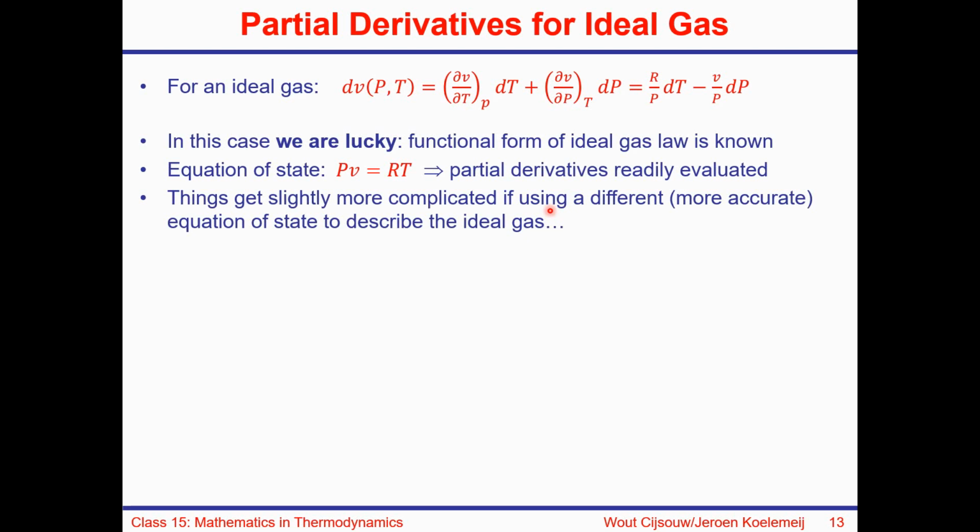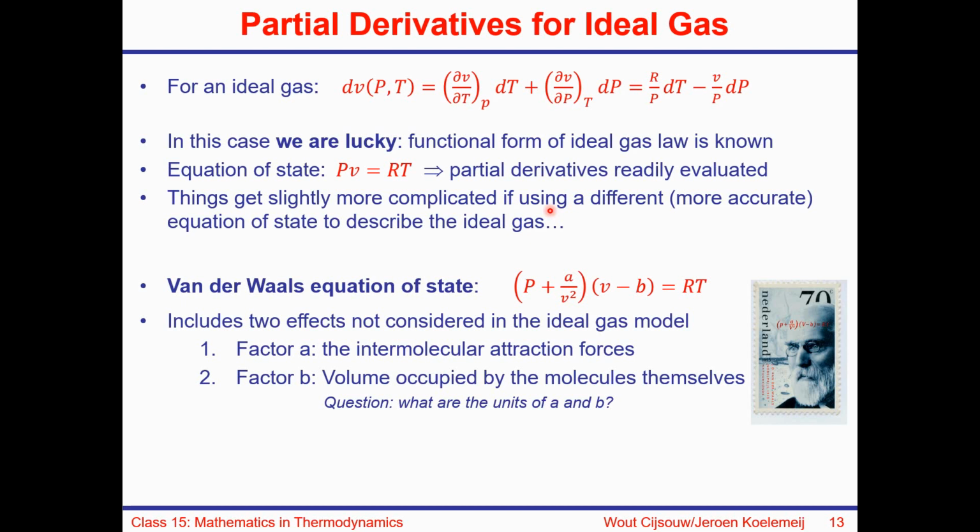Things will get a little more complicated if you're using a different equation of state to describe the ideal gas, or let's say it's an almost ideal gas, because there's, for example, the van der Waals equation of state, which is a modified version of the ideal gas law. And what van der Waals did, he included the effects of two more things.